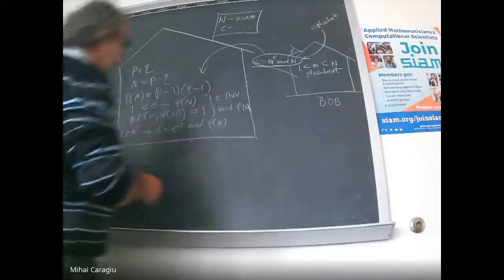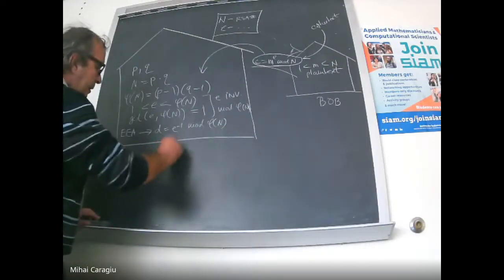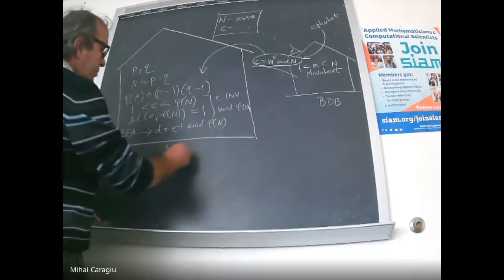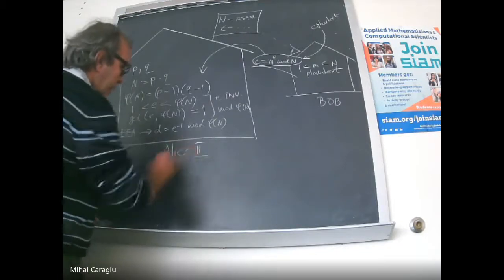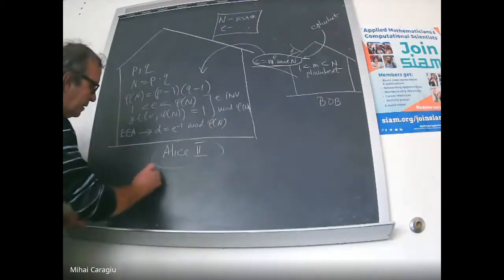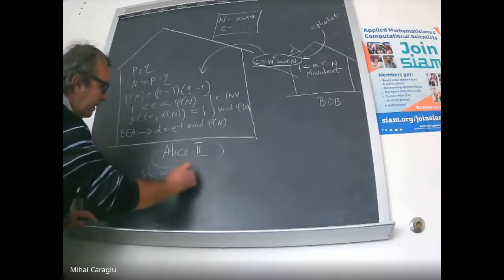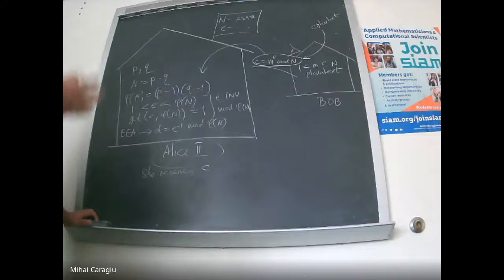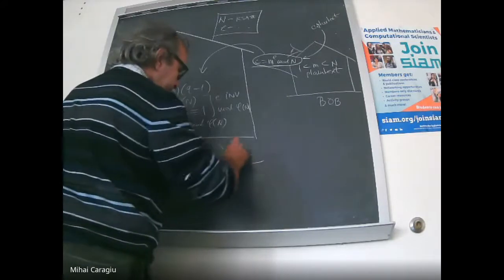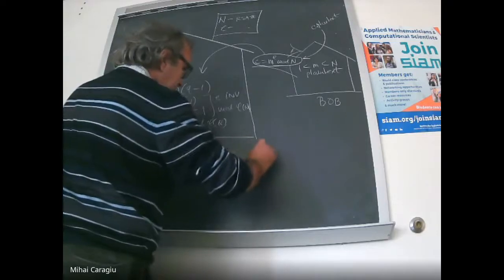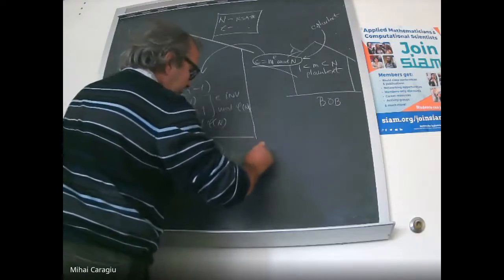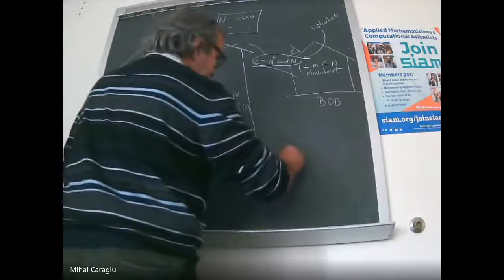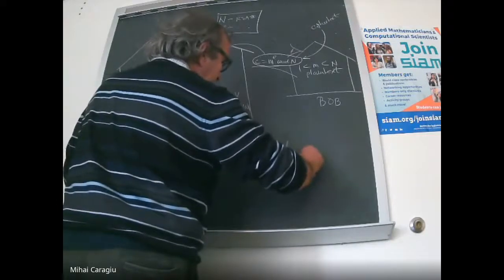Okay, let's see what Alice does next. So now the second part of Alice's activity, let's say Alice 2. She receives the ciphertext C. To decrypt, she just raises C to the power of the private decryption key, as follows: C to the power D mod n.